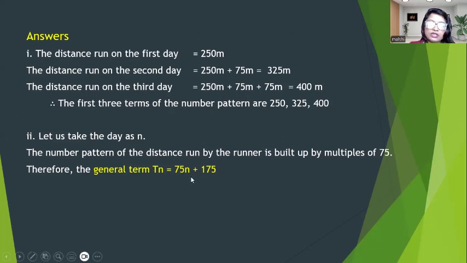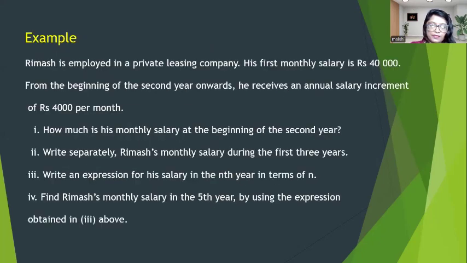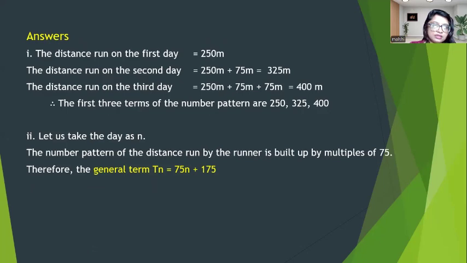According to the given pattern, you can see 75 is the common difference. And 175 is the difference, 250 minus 75. You can get 175 as your answer. So that's the way you can find the general term. This is okay.